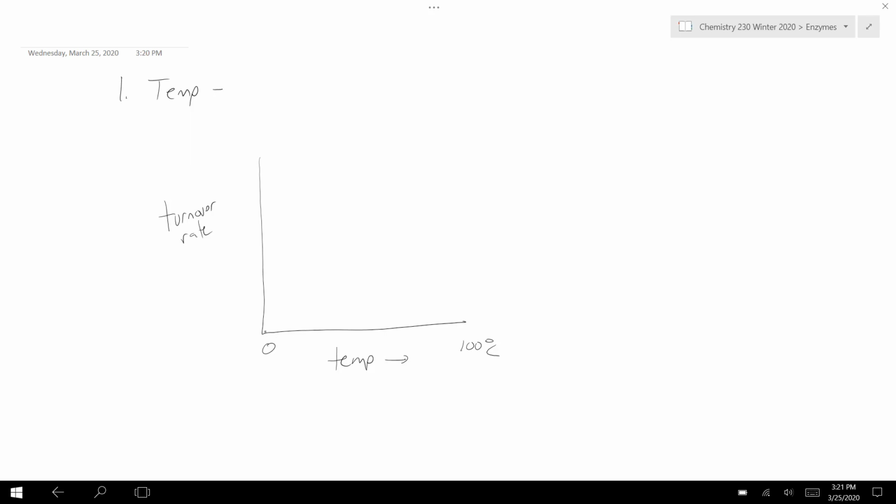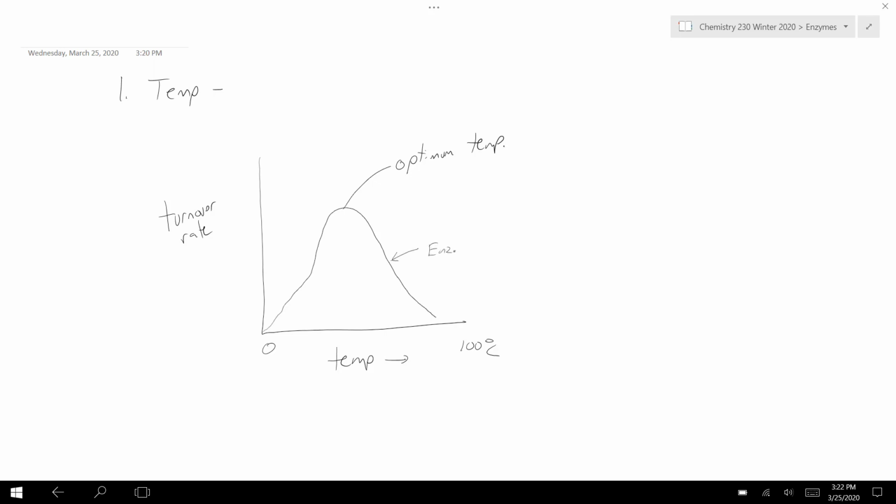You can imagine at low temperatures when something's frozen, it's why you put things in the freezer or refrigerator, there's no enzyme activity, and then it goes up, and then it would come down as you start to get higher temperatures, because we always have this optimal temperature or optimum temp that reactions would take place at. It goes at the highest rate there. Our body is probably around 37 Celsius. But as you increase beyond that, we just learned that proteins denature.